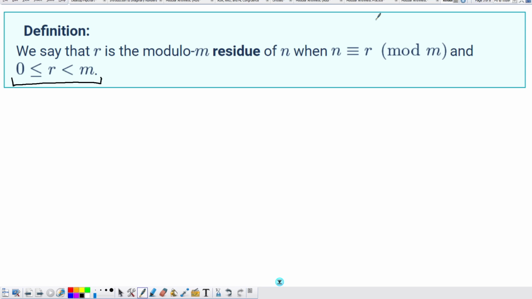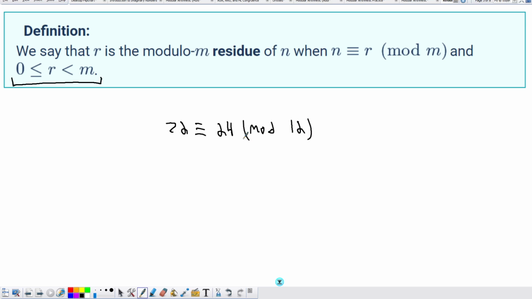So like for instance, I don't know, 72, right? 72 is congruent to 24 mod 12.